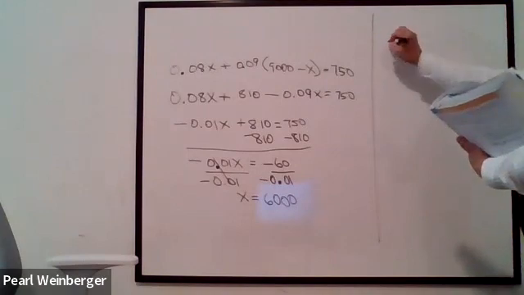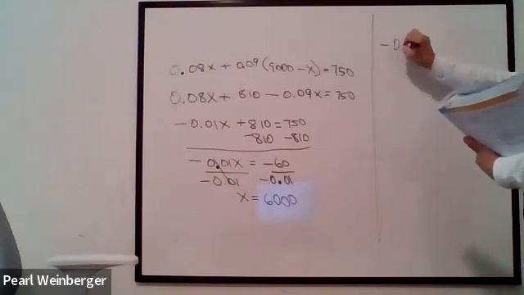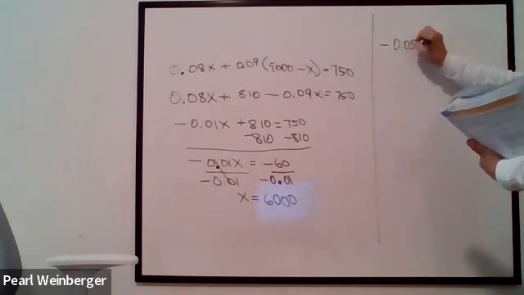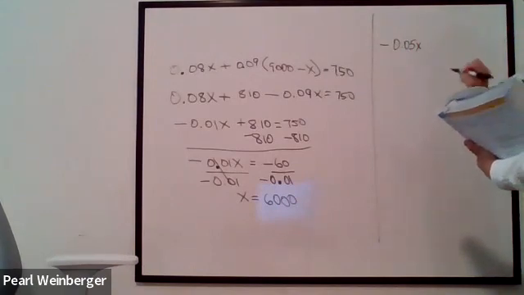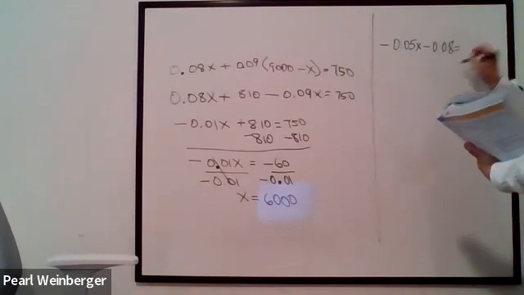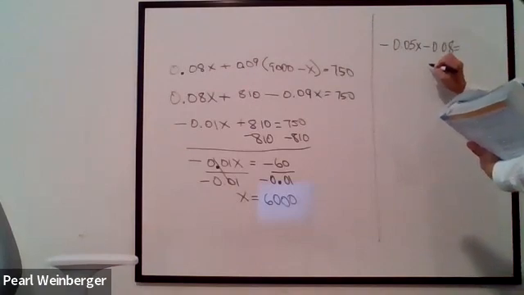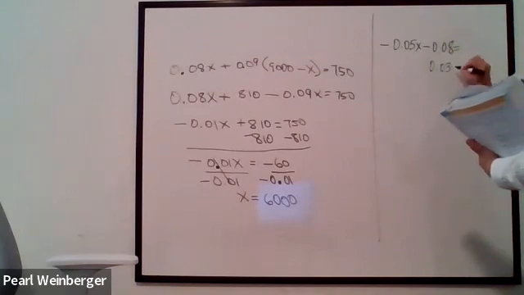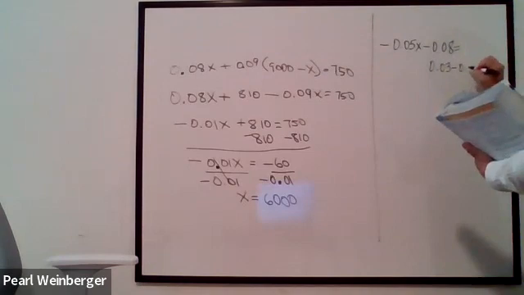Okay, here's the problem. Negative 0.05x minus 0.08 equals, I'm going to put it on the next line because I'm sort of running out of space, 0.03 minus 0.04 times (2x minus 1).